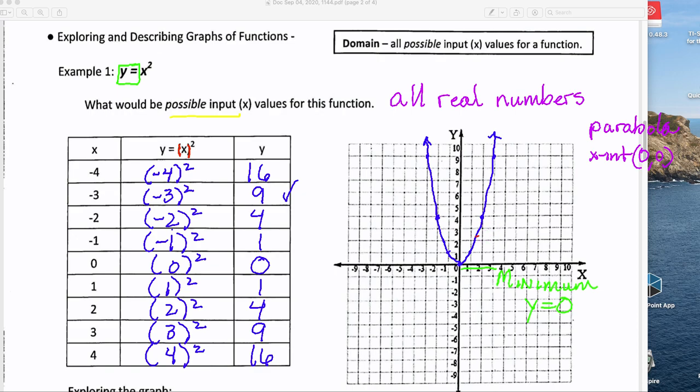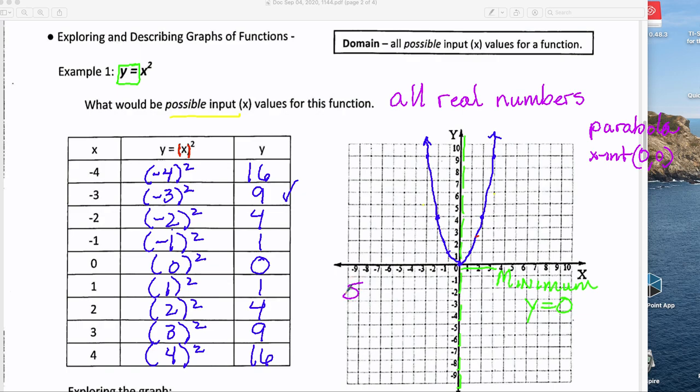So this graph has symmetry. I can fold it in half right here on the y-axis. And it would be a mirror image. This side would touch this side exactly where it is. So it has symmetry. Put symmetry as yes.